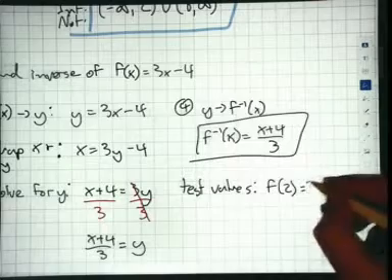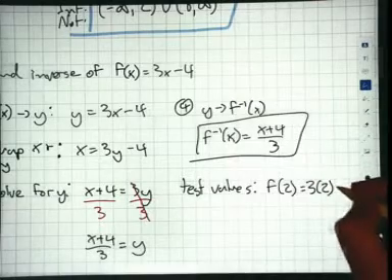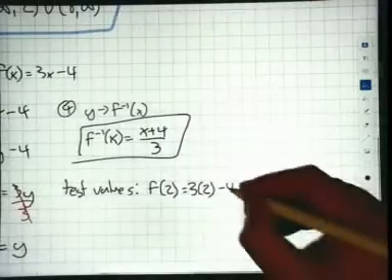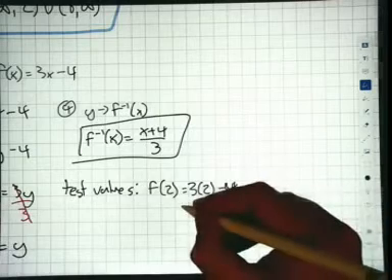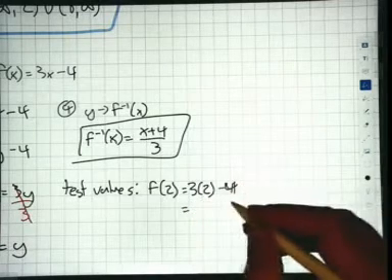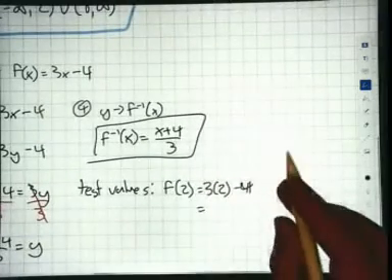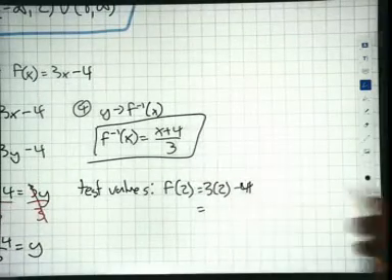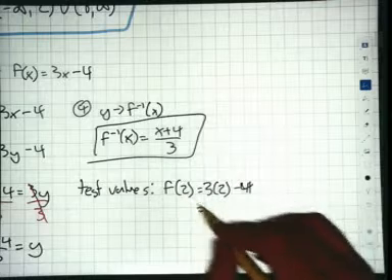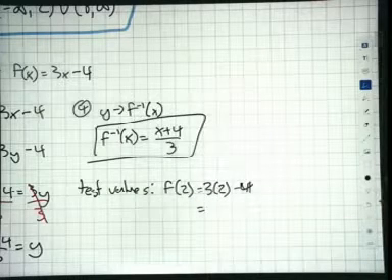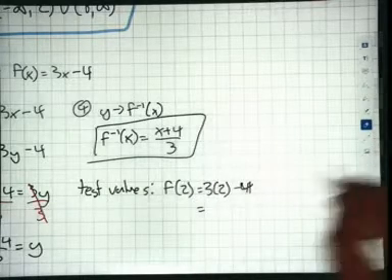Well, f at 2 is going to be 3 times 2 minus 4, which is 6 minus 4, which is 2. I don't think I like that because you plug in 2, you get out 2. So let's pick a different value.